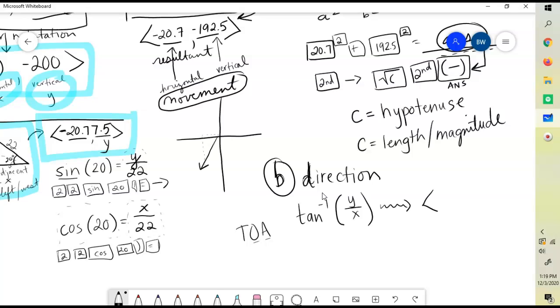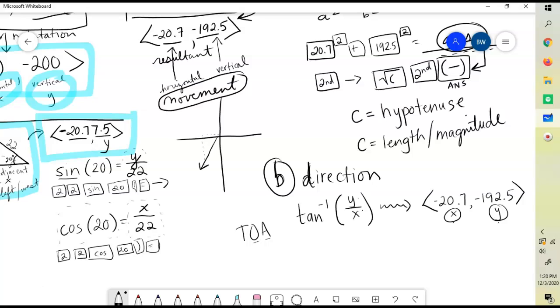So the resultant vector of the two movements was negative 20.7 and negative 192.5. So now it's a matter of using your calculator. Again, let's just label these for clarity's sake, that the x and y here are going to be plugged into your calculator for this.